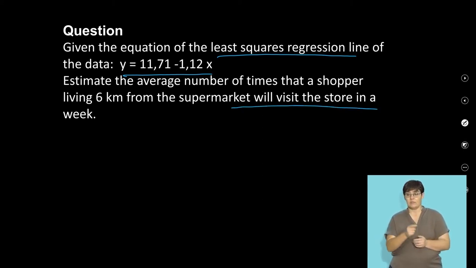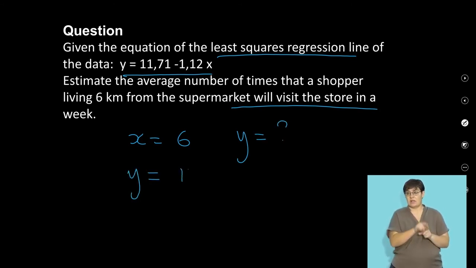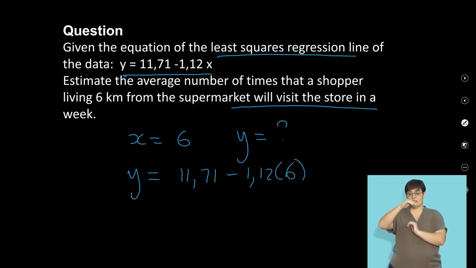What does this mean? This implies if x is 6, what is the y value? So y is 11.71 minus 1.12 times 6.